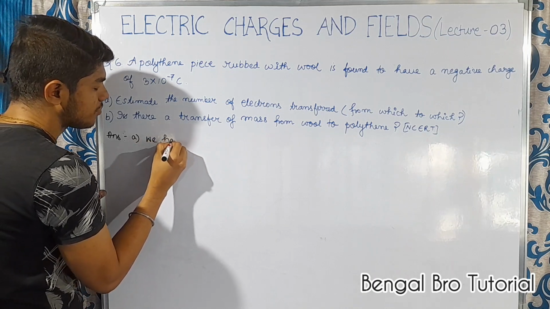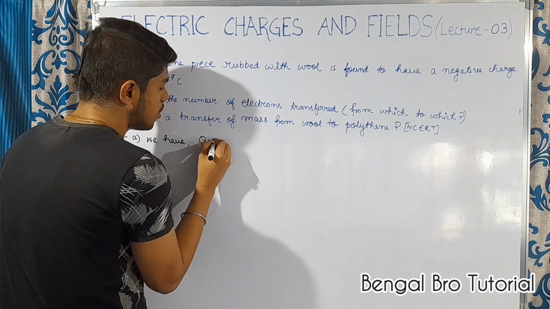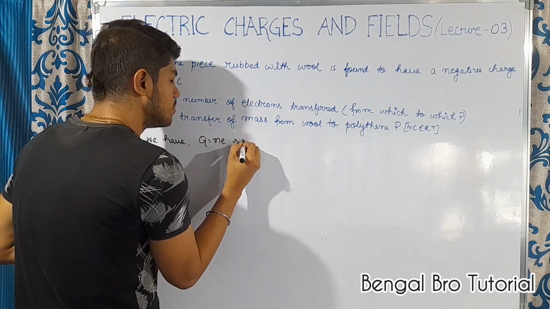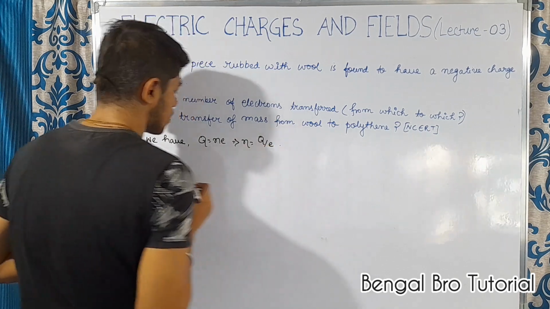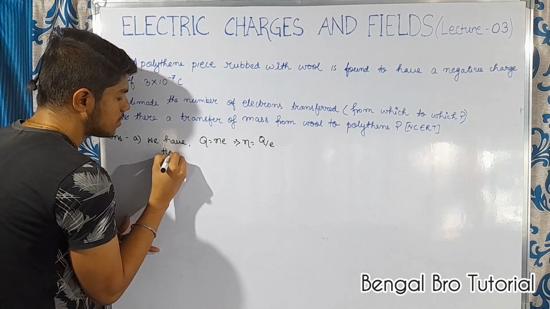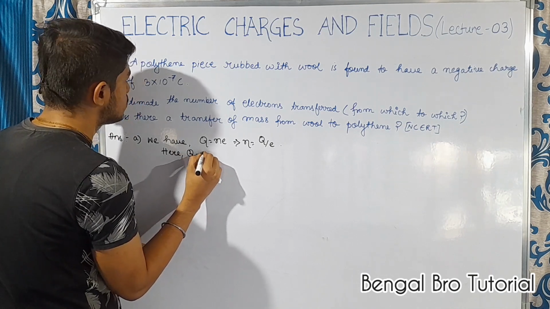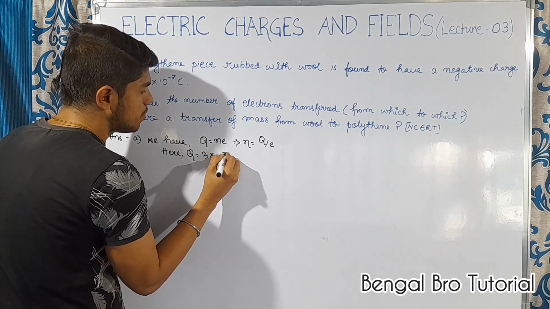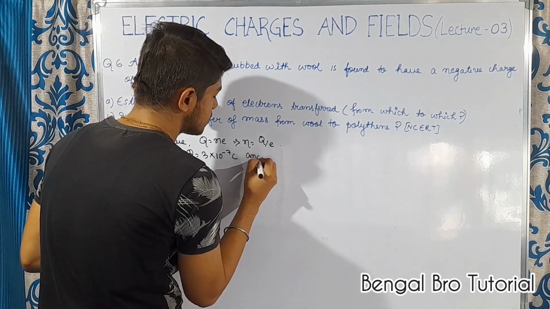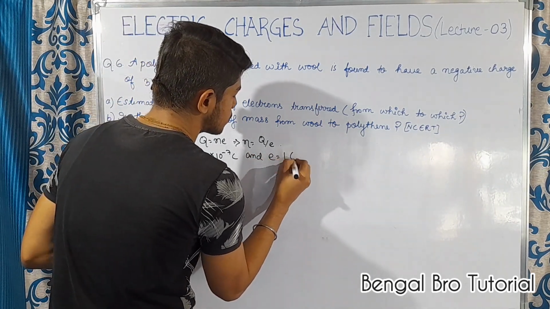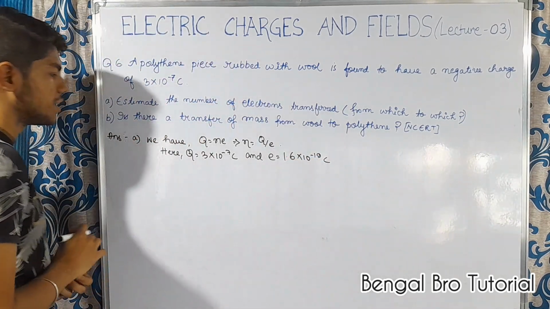We have Q is equal to Ne. It implies that N is equal to Q by e. Here Q is equal to 3 into 10 to the power minus 7 coulomb, and the charge on one electron is equal to 1.6 into 10 to the power minus 19 coulomb.